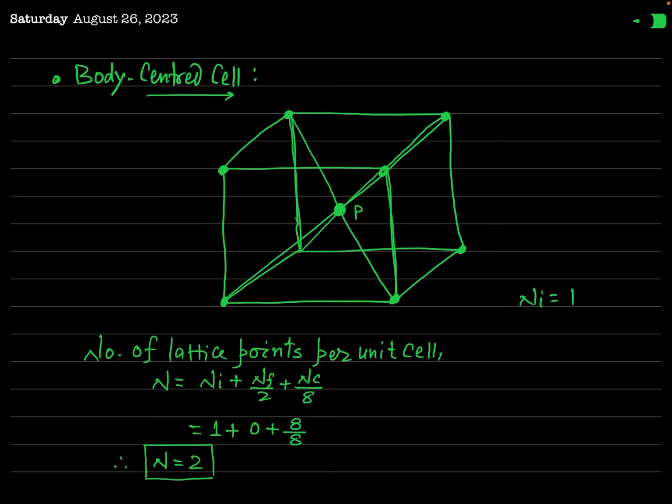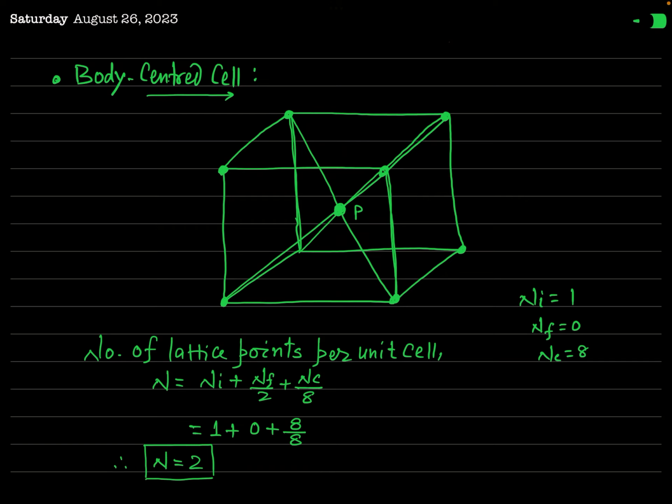This will be equal to 1. But even in this case, there is no lattice point at the face. So Nf in this case will be 0. But since there are lattice points at each corner, Nc in this case is again equal to 8.